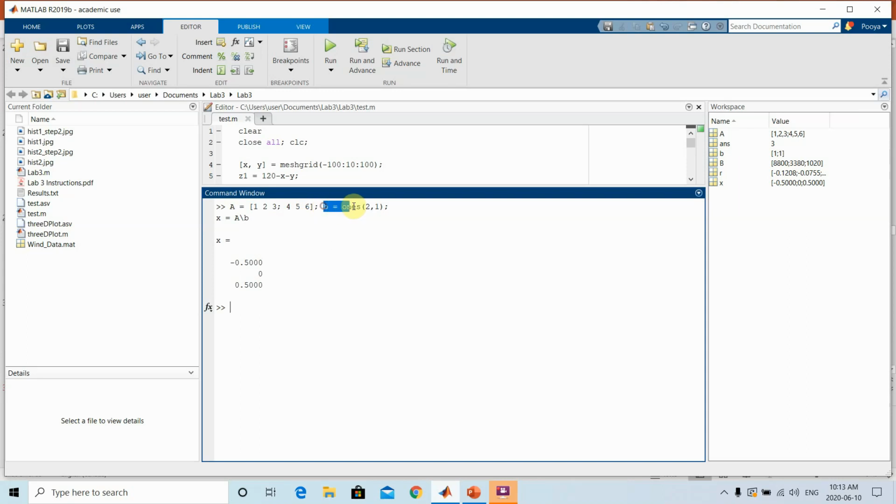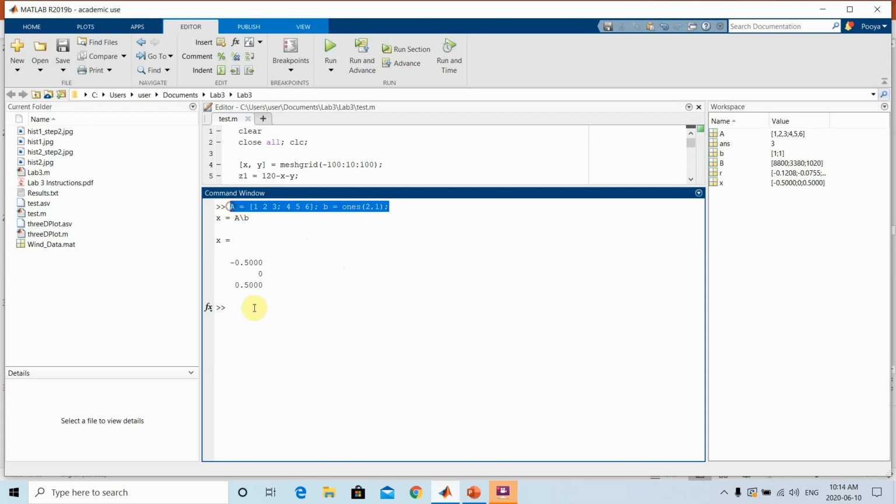And the right hand side, of course, we have 2 rows, 1 column. So here, this system is called underdetermined, because when we have 3 unknowns, ideally we need 3 equations to find all the elements of the vector of unknowns, right?